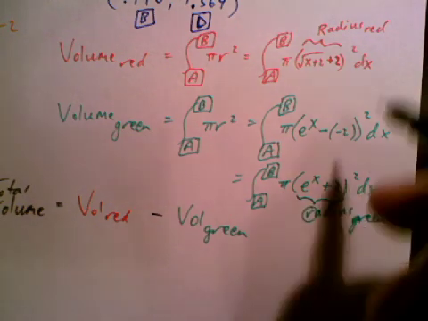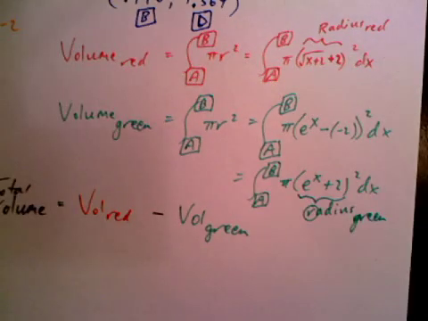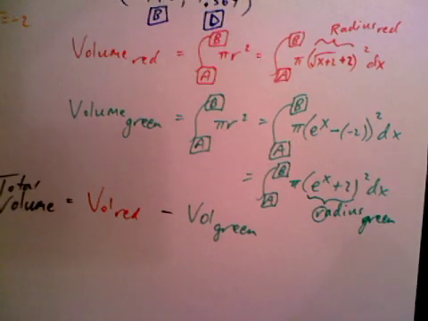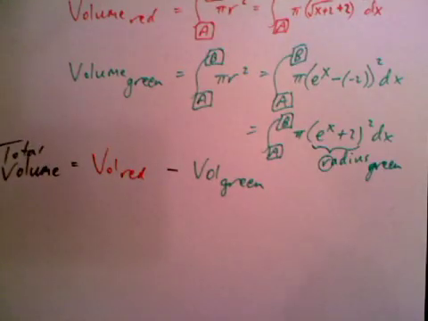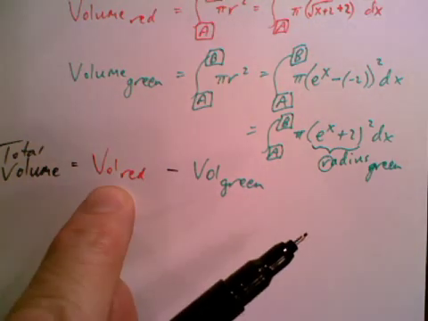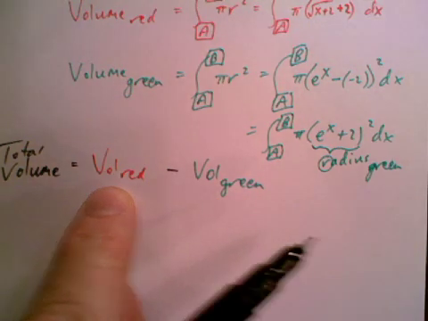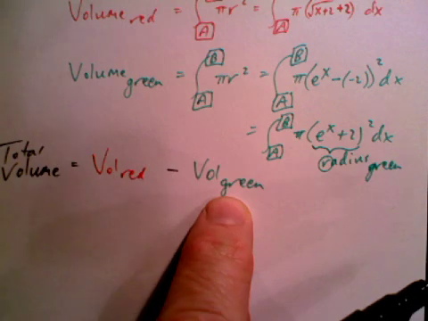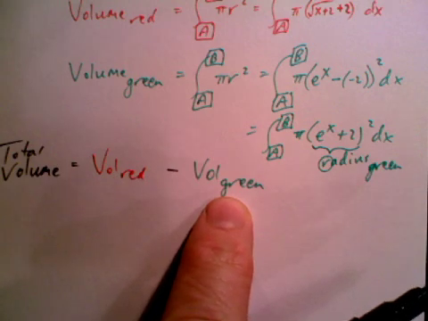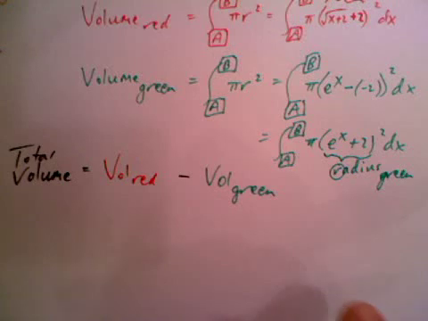So we have a big R and little r, and we'll try to graduate to that equation, but you have to understand how to get the equation. So volume red minus volume green, this is like the volume of the pear without the hole minus the volume of that part that we took out of the pear. That gives us the total volume of this solid.